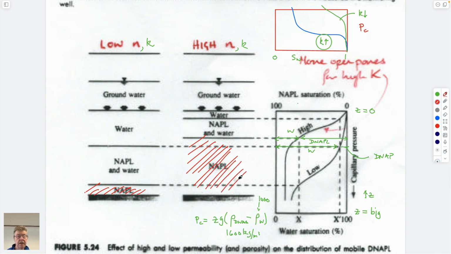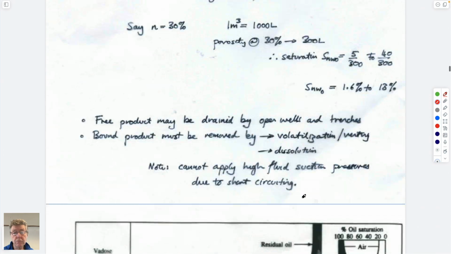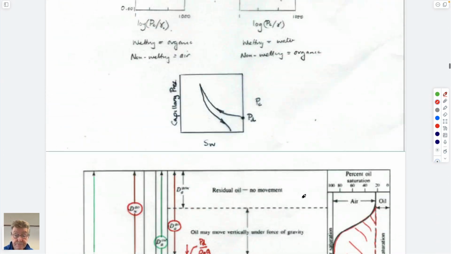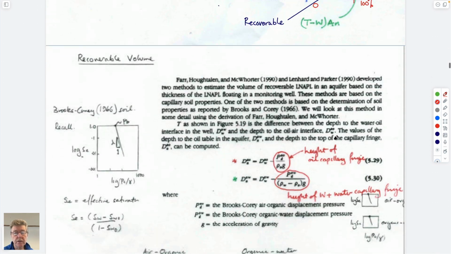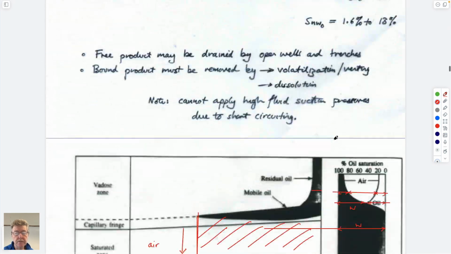Different thicknesses. And we can rationalize it again based on this, which is what we did before. It's no different from what we did right here. These are exactly the same diagrams. Again, two fluids, one wetting, water in both cases, and one non-wetting, DNAPL and LNAPL in the other cases.